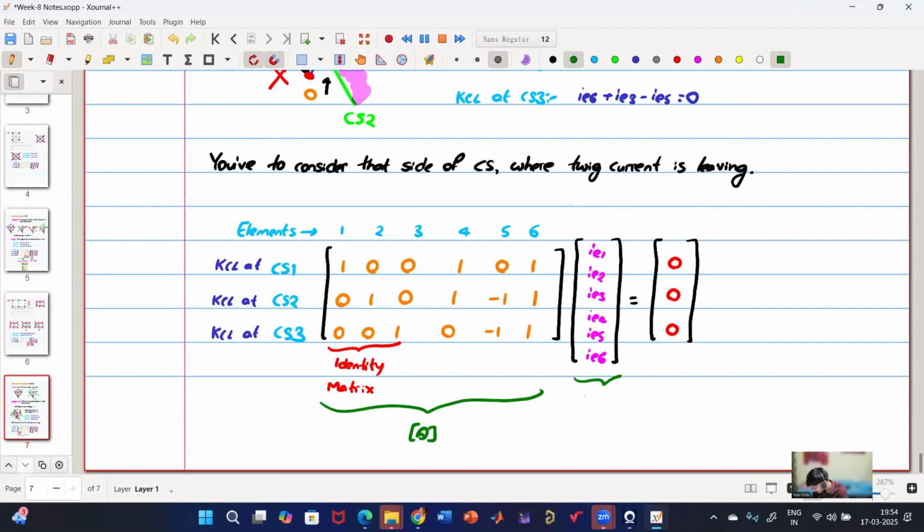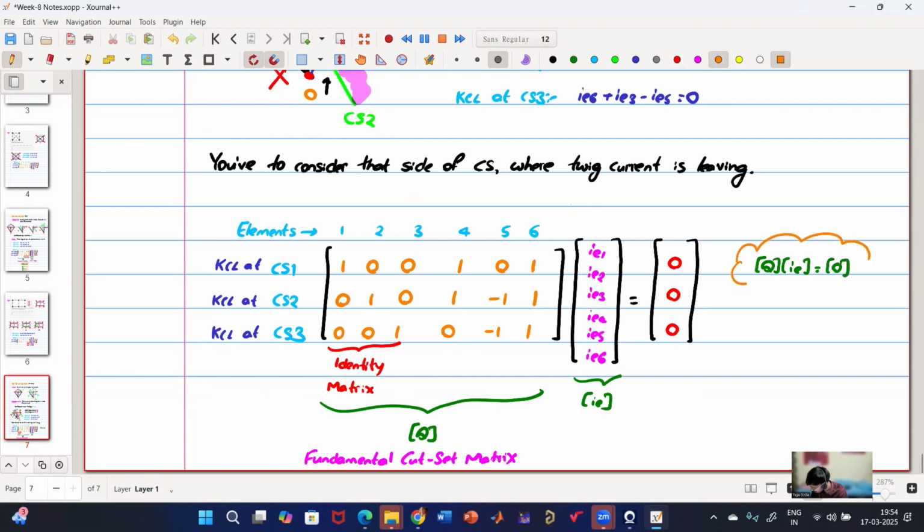And this is IE, which you already know. So this is called the fundamental cut set matrix. And then we have Q into IE equal to 0.